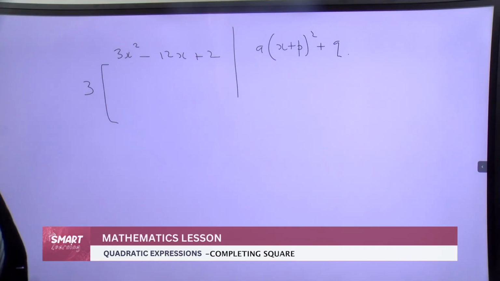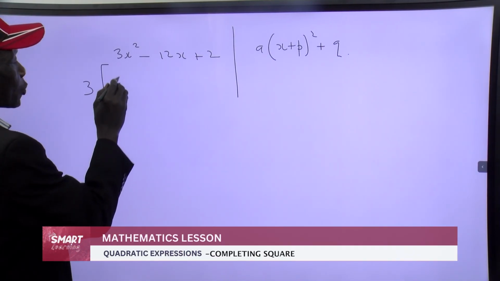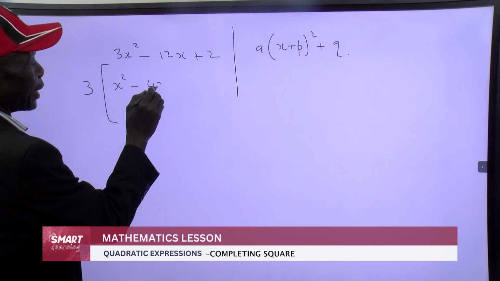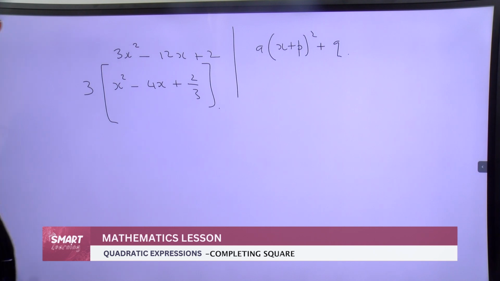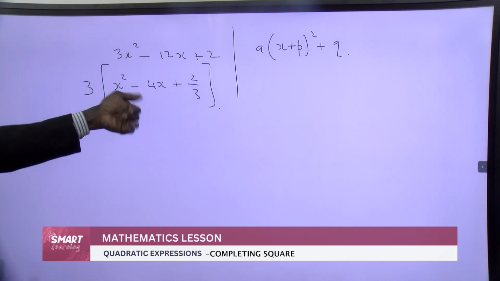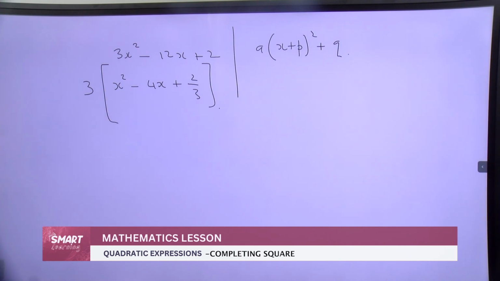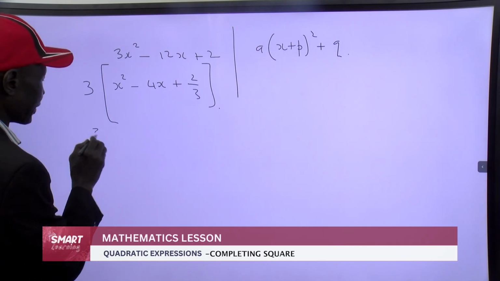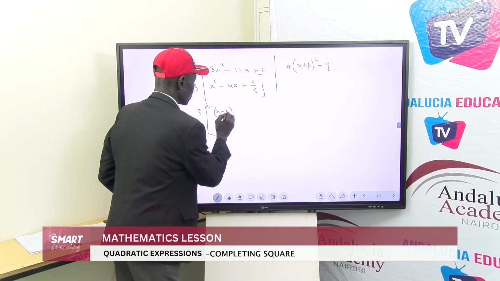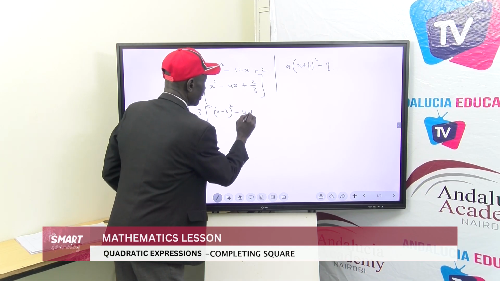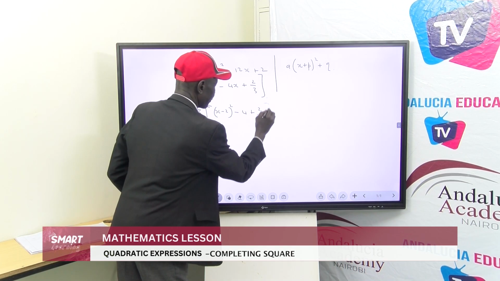Put the big bracket. We are going to have x squared minus 4x plus 2 over 3. Now, our new b is negative 4, so we can complete squares. So we're going to have 3 in the big bracket, x minus 2 squared minus 4 plus 2 over 3.